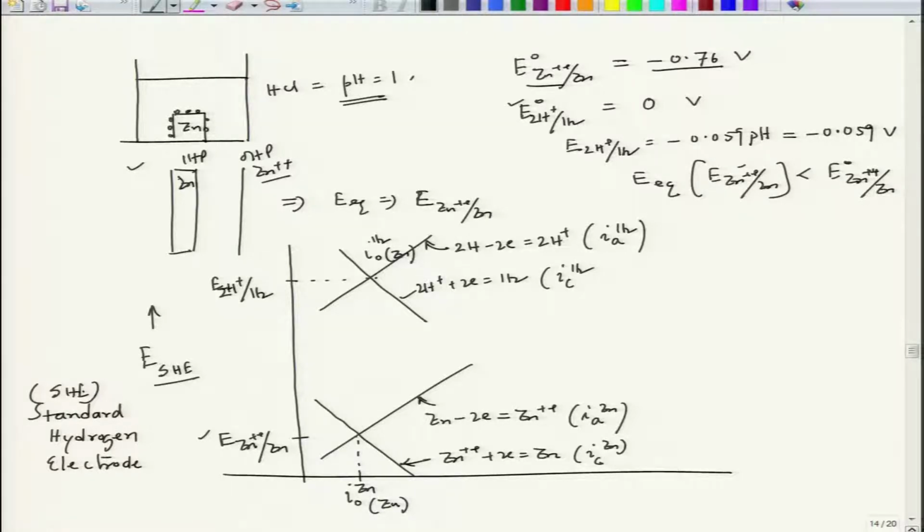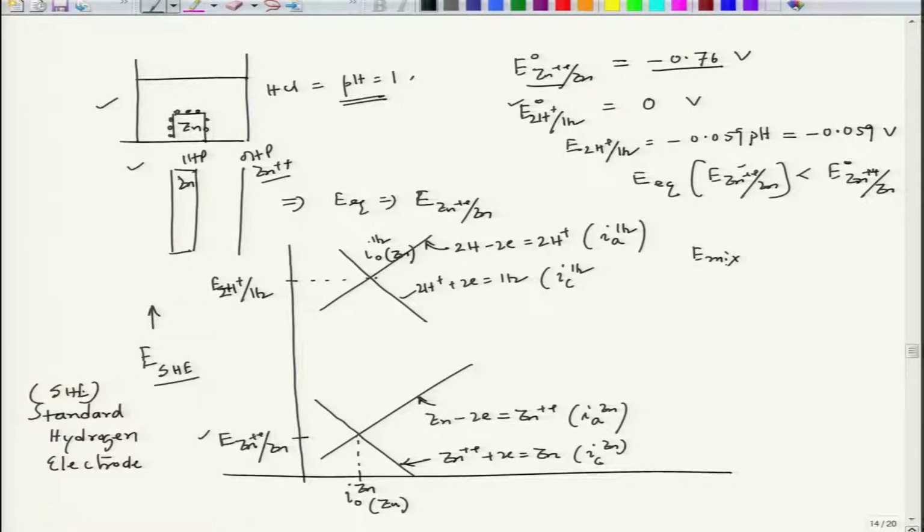Now, whenever we have two systems working in tandem in a particular situation like this, we have to make use of mixed potential theory. We have already explained mixed potential theory at the end of the third lecture, saying that there could be a number of cathodic and anodic reactions, and at the same time the system will try to find a mixed potential where the net current density corresponding to cathodic current and the net current density corresponding to anodic current will be similar.